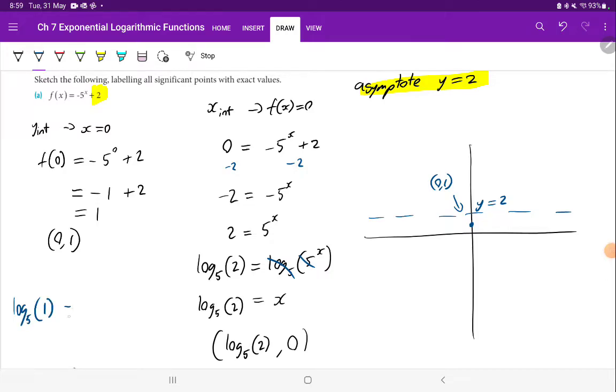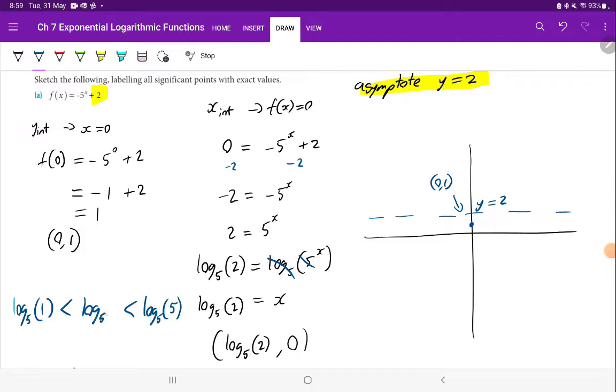And if you can't remember why we know that, it's important for us to remember that the log of 1 is always going to be 0, because the only way you get 1 with an index is if that index is 0. You can also think about it as this is 5 to the 0, so it's going to be 1 either way.